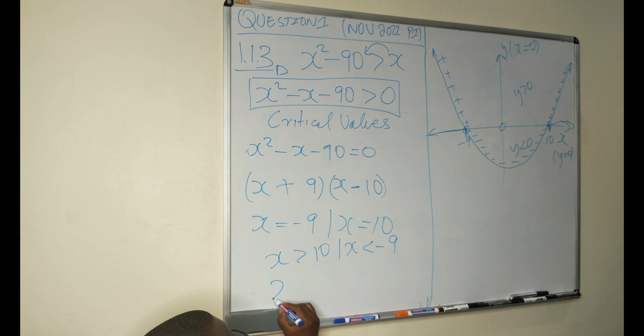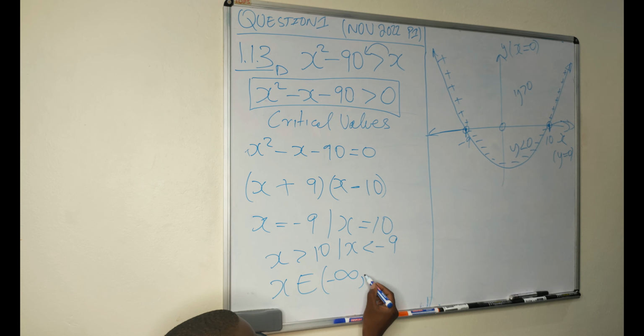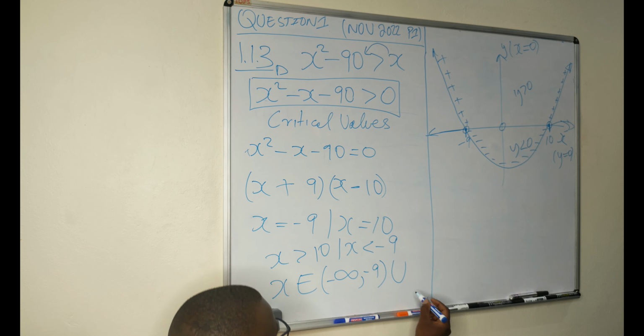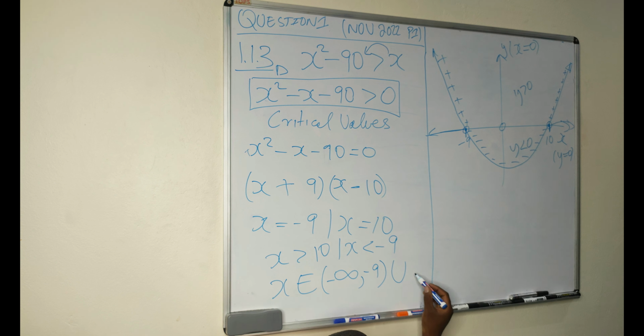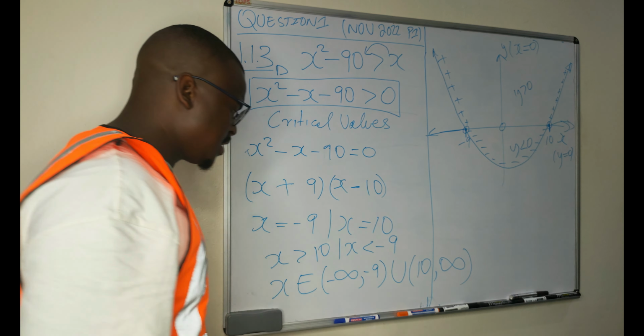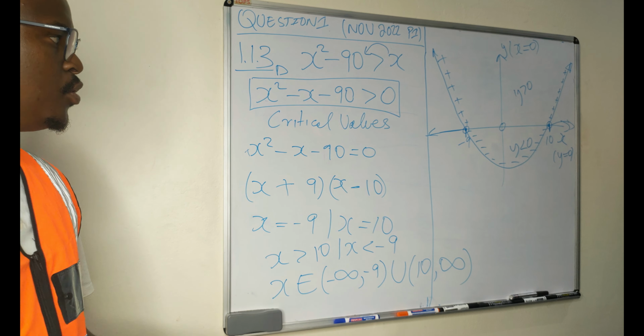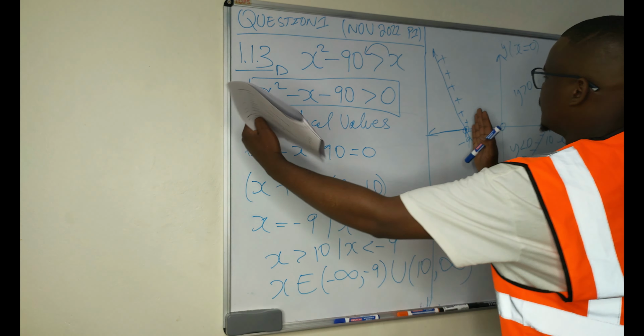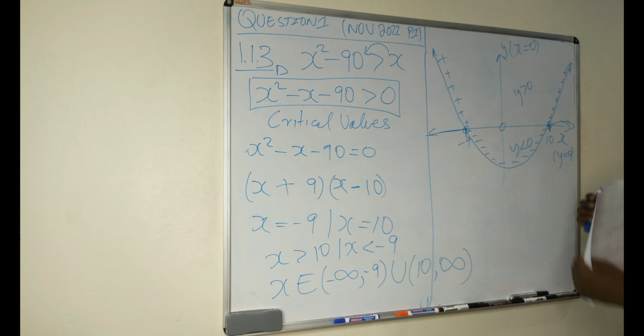Or you can write x is an element of minus infinity to minus 9, union 10 to infinity. This is what it looks like, which means you're just taking the union of this set and that set, you're just putting them together.